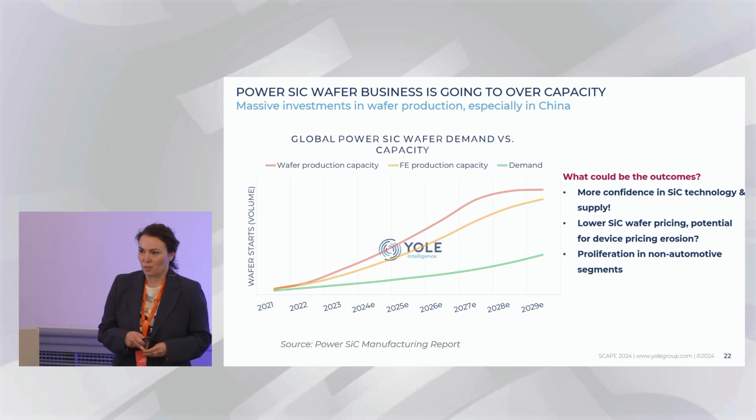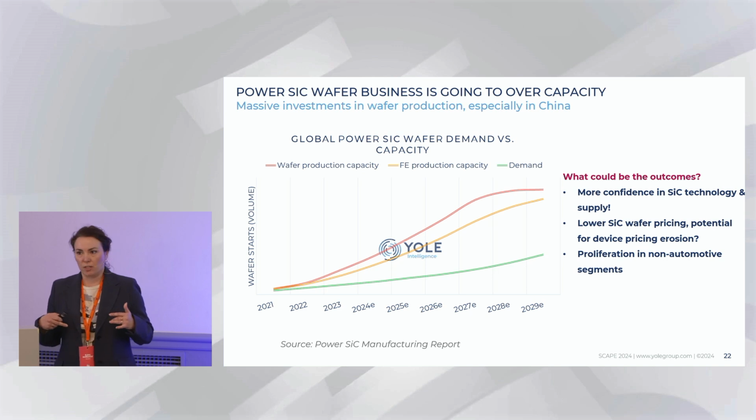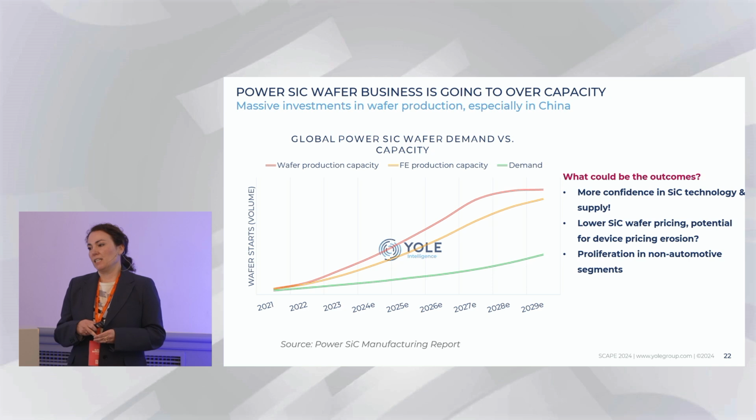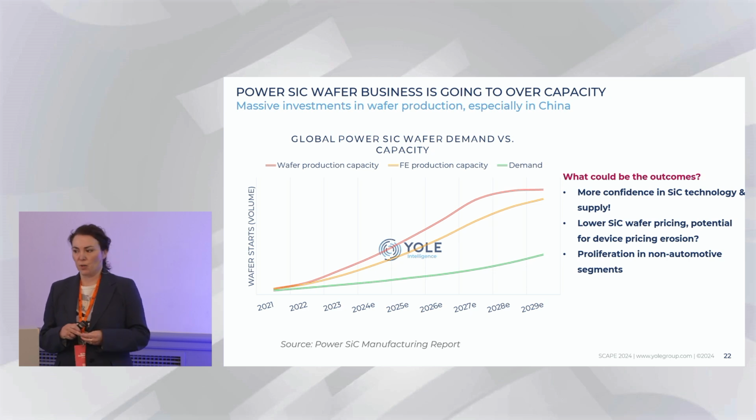So what we expect, if there is a massive increase of investment in 8-inch wafers, and until now the demand for electric vehicles was a bit slowing down with respect to the last year, is that there will probably be overcapacity of power SiC wafers.